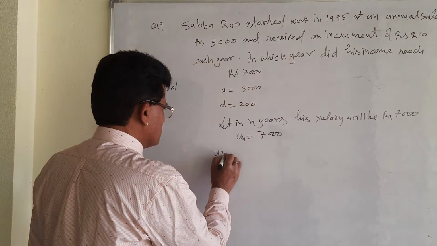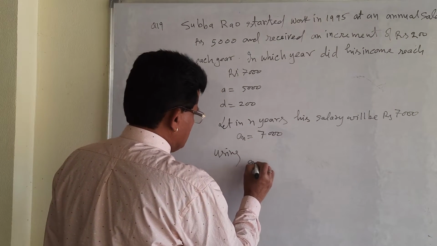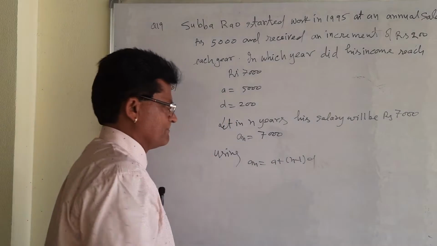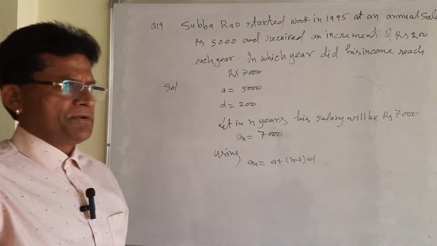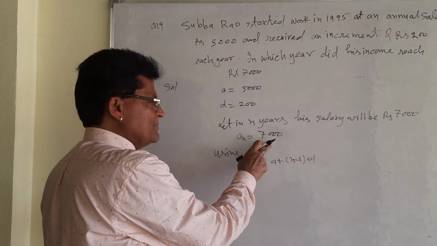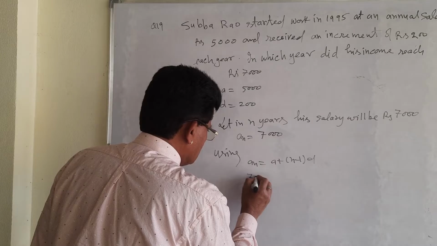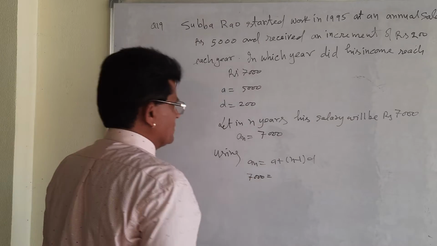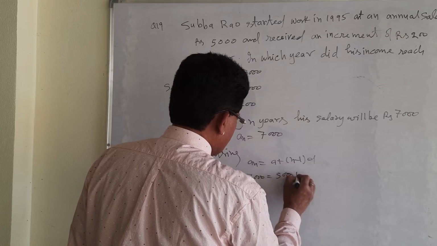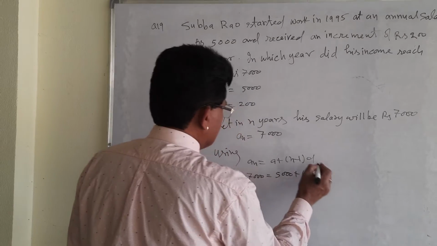Using the same thing, let me take An will be equal to A plus n minus 1 into D. See this thing. Because it is the total salary, the last term will be 7,000. It will be equal to A is 5,000 plus n minus 1, D is how much?